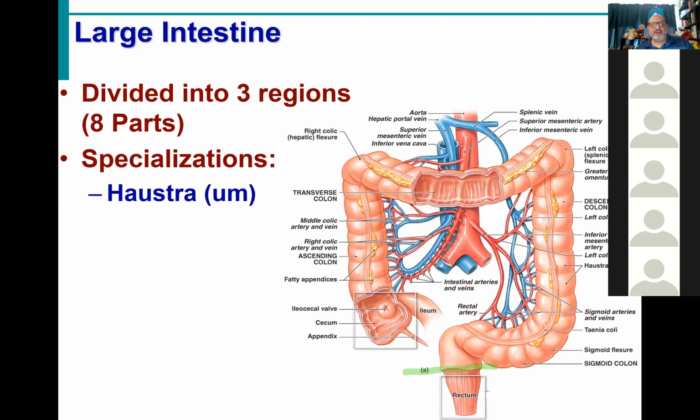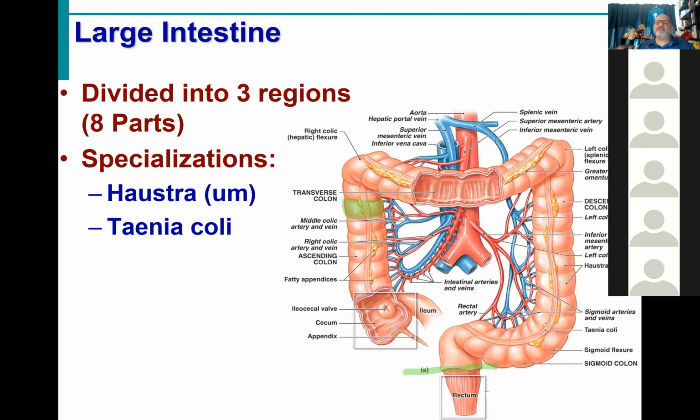One of those specializations, as you look at the colon, are these pouch-like collections of the colon. The large intestine has this excess muscle tension in it, which causes this pouching of the large intestine. And this distinct pouch-like structure right here is what is known as a haustrum, singular, or the plural of them are the haustra.